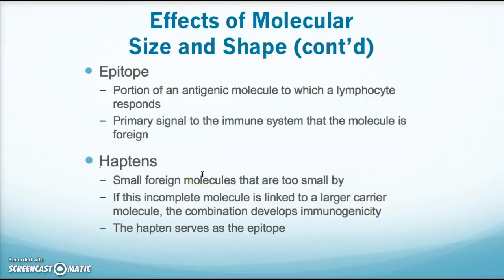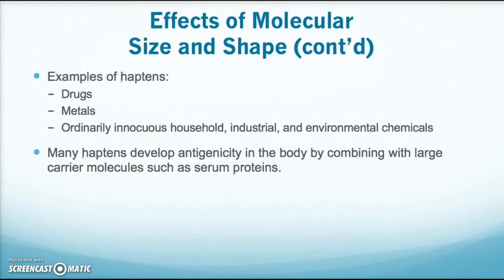In this case, they would not elicit any kind of immune response unless linked to a larger carrier. When it is in combination with a larger carrier molecule, it can then serve as the epitope. The larger carrier molecule in conjunction with it is the actual antigen, but it's that hapten, that small portion of foreign, that would be considered the epitope.